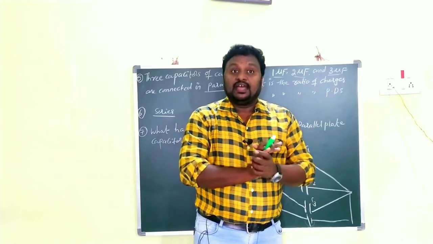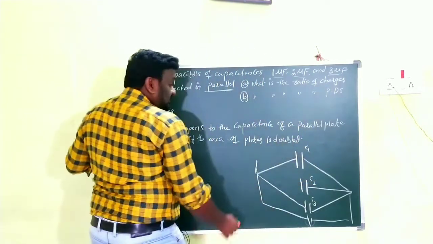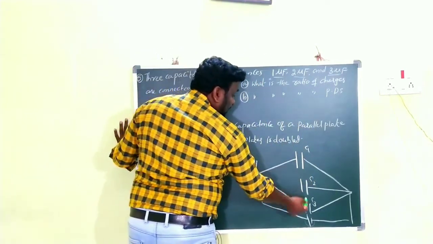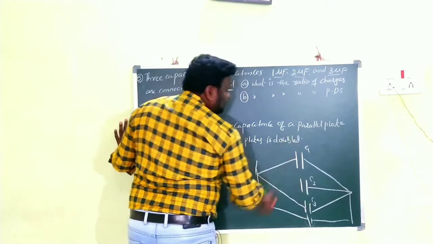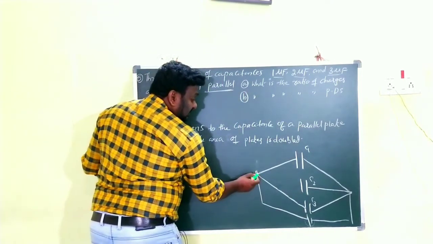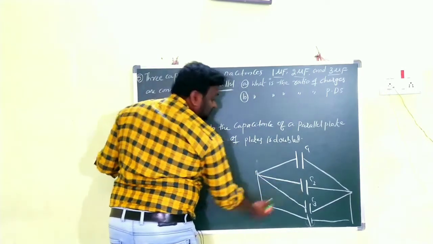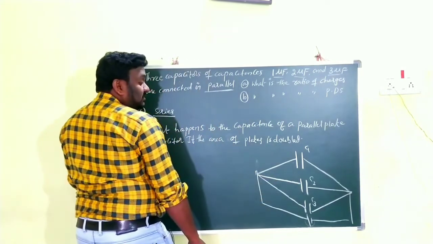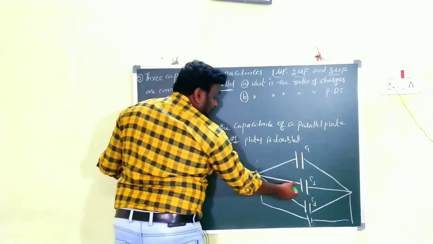So clear, children? And next, the charge available on the capacitor should be different, because the charge splits into a number of paths. The charge supplied should move in different paths.